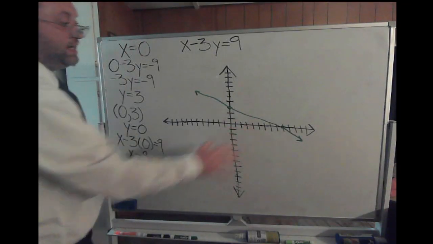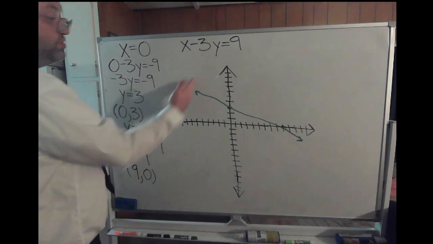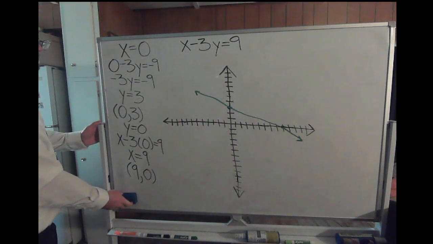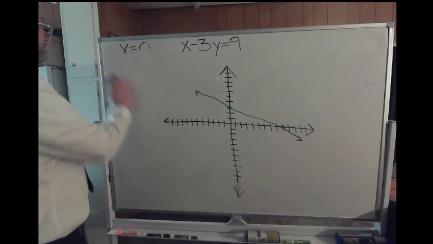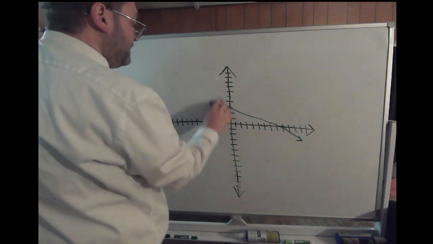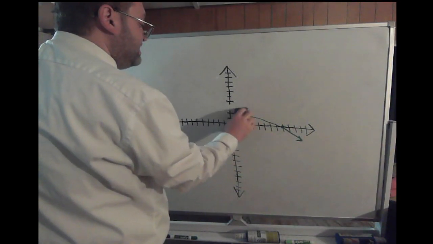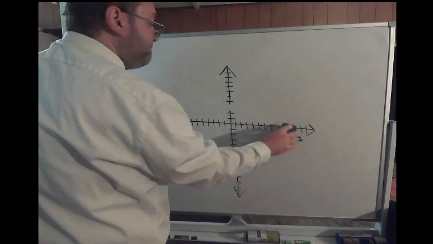It's a straight line. But that's about what your graph should look like of x minus 3y equals 9. Kind of a steep slope. Actually, not steep. What am I saying? That's not very steep. Disregard that, please.